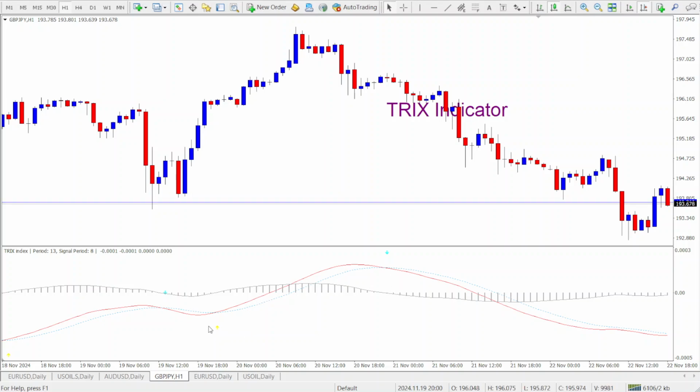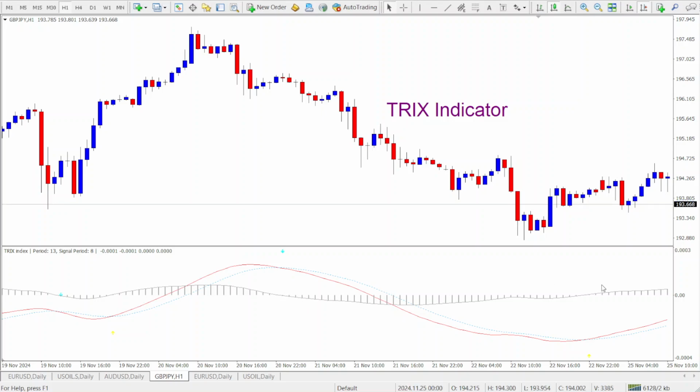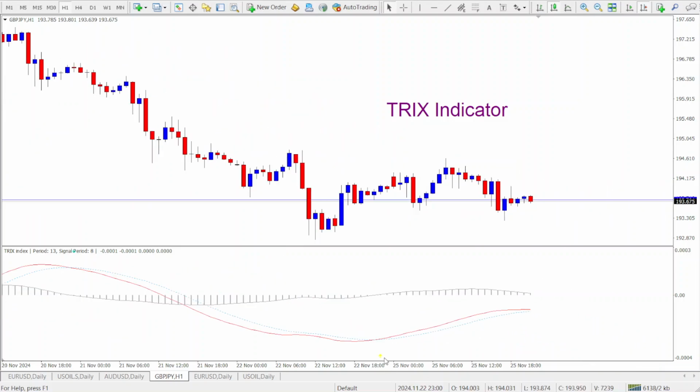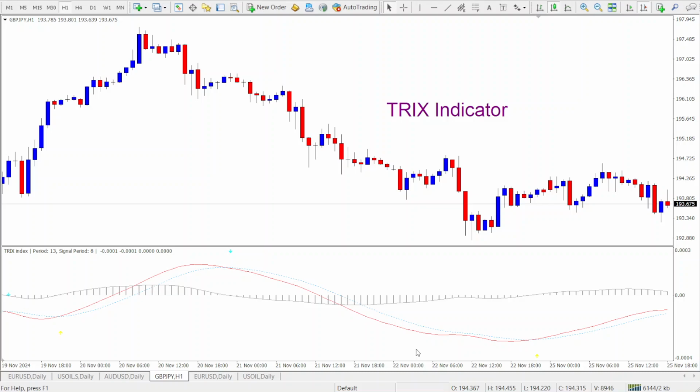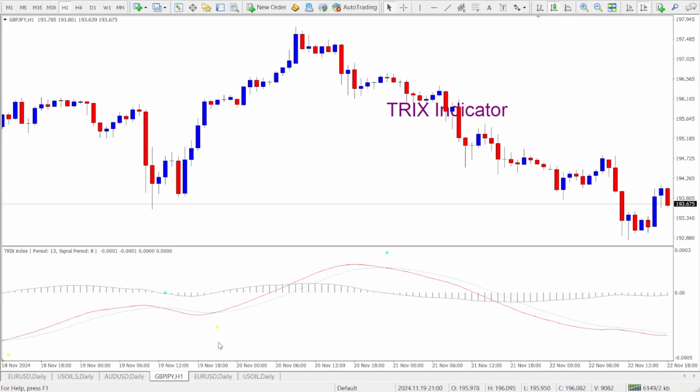In addition to the lines, both the red line, the dotted blue line, and the gray colored line with some bars on it, it also gives arrows, as you can see. You can see this yellow arrow, this blue arrow, yellow arrow.